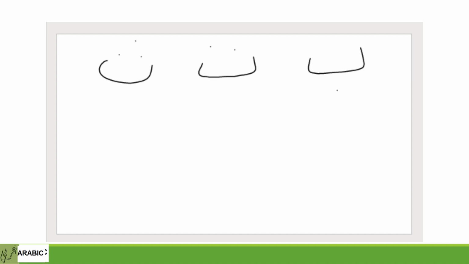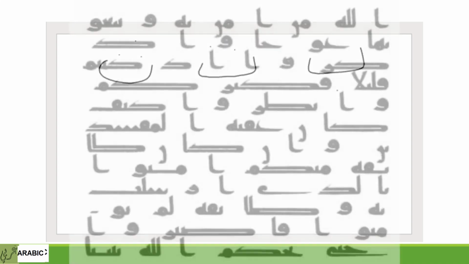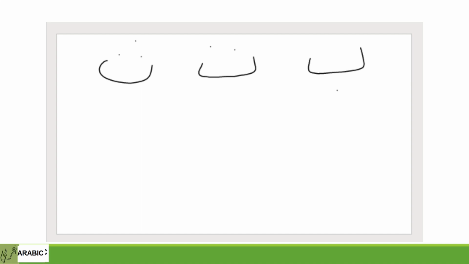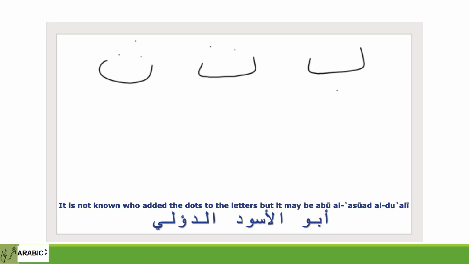Even in earlier times, before Arabic writing developed, they used to write these three letters without these dots, and so it was confusing. It depended on the usage of those words and the context. So the grammarians later on in history decided to add those dots to make it easier for people to tell these three letters from each other.